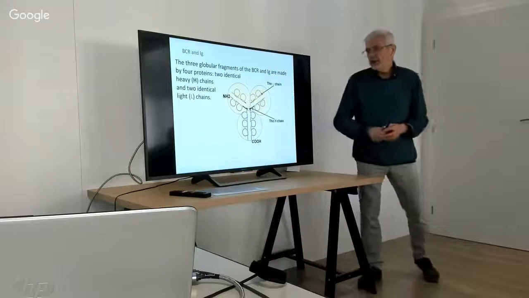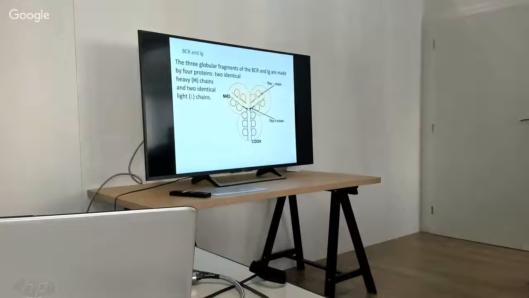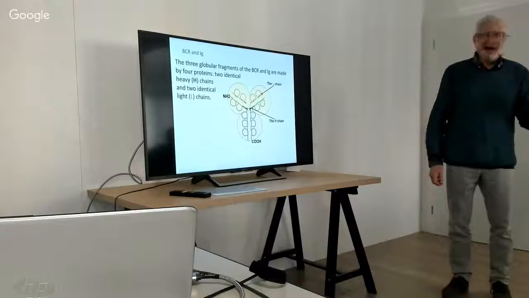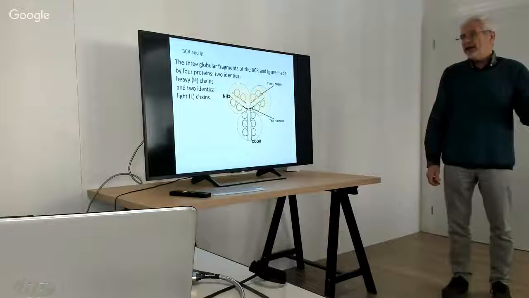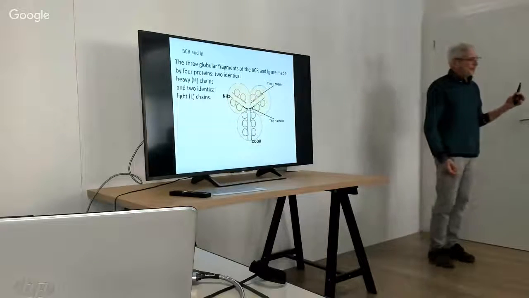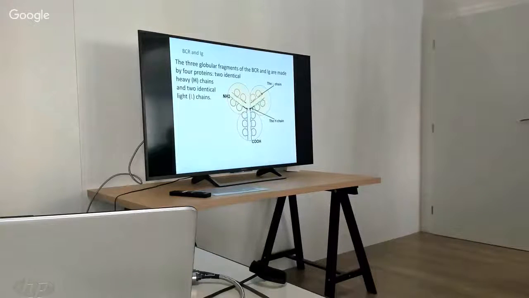We connect all the molecules. The three globular fragments of the BCR and antibody are made by four proteins, two identical heavy chains and two identical light chains. Okay.